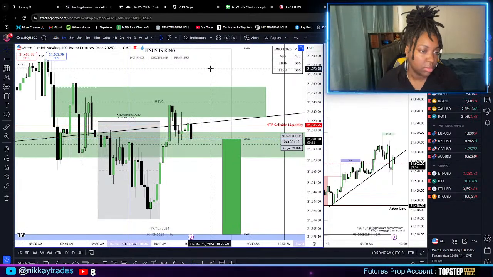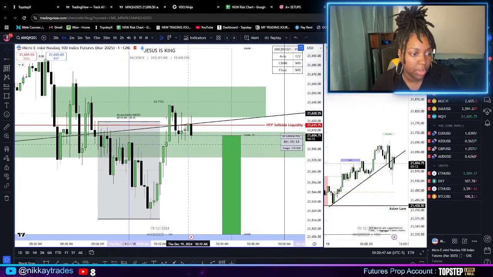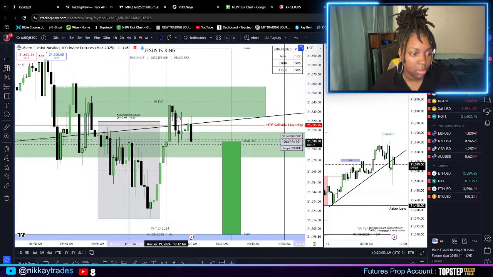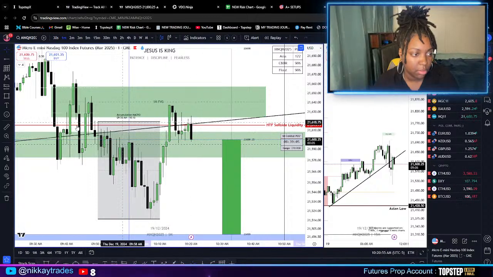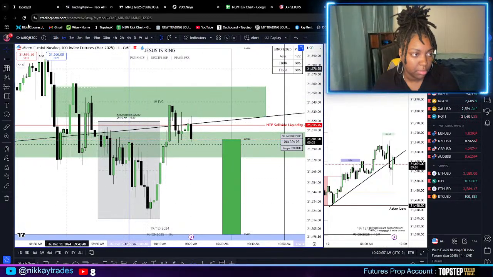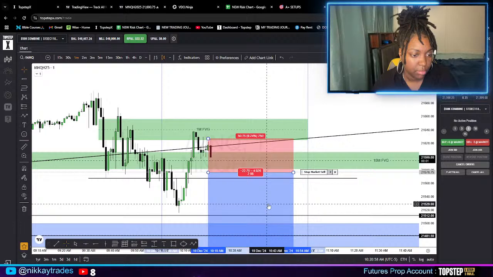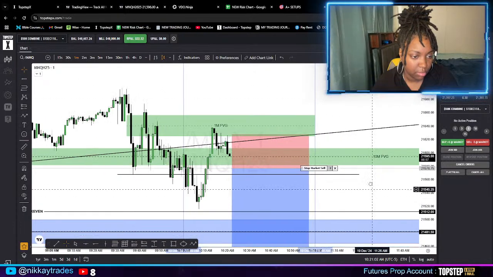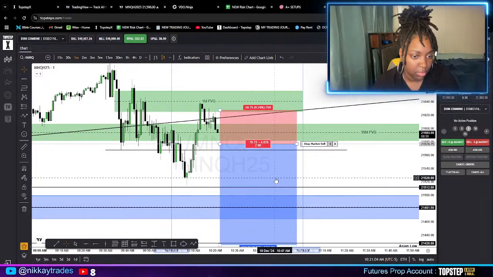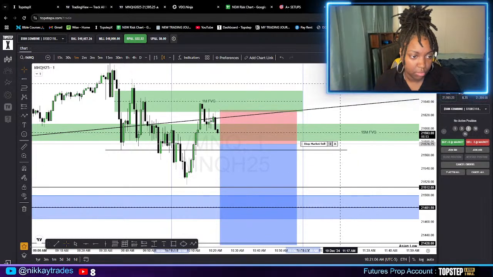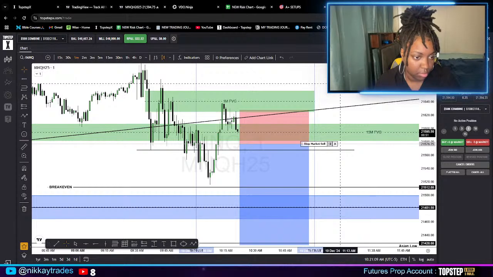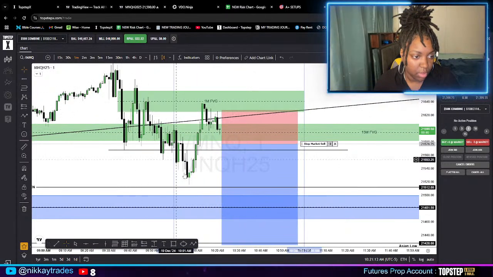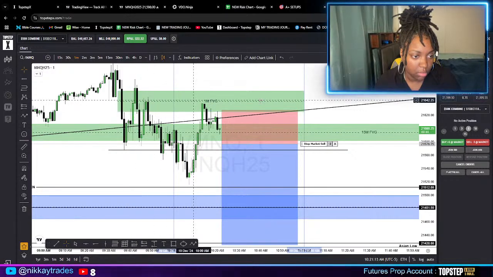So yeah, see, it keep inverting it, but it's ping ponging through both of these gaps. Ping pong, ping pong. Breakout, retest.